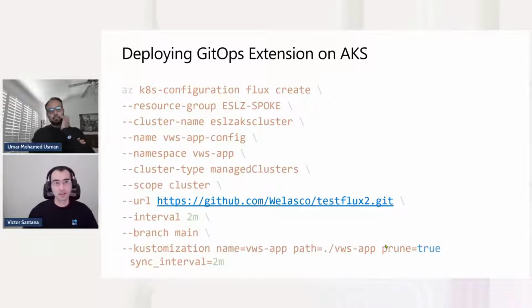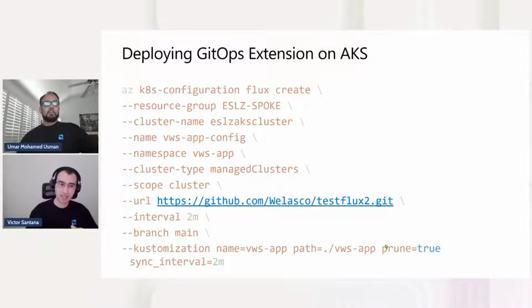Now if you look at the slide right now, we have the command to deploy the GitOps extension on AKS. It's an Azure CLI command. Prior to that command, we expect that you already have an AKS cluster deployed, and that you have authenticated your session through az login.